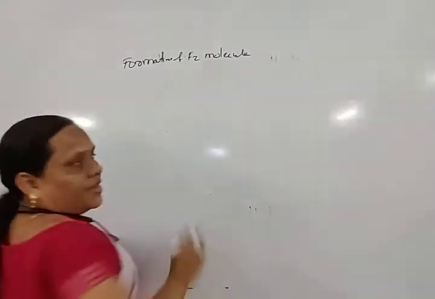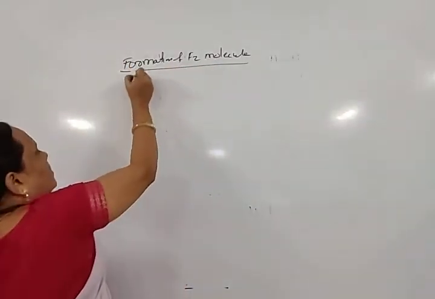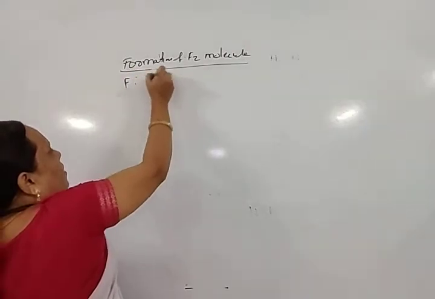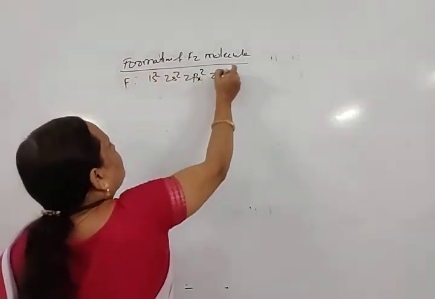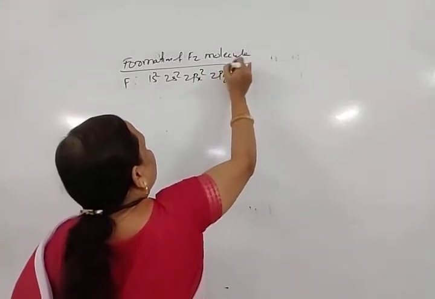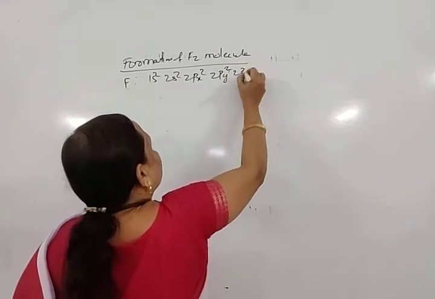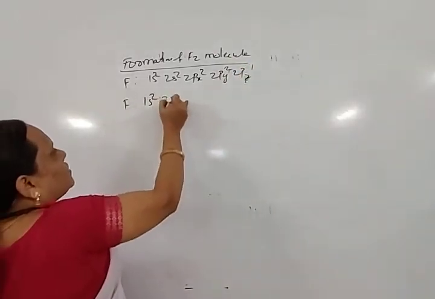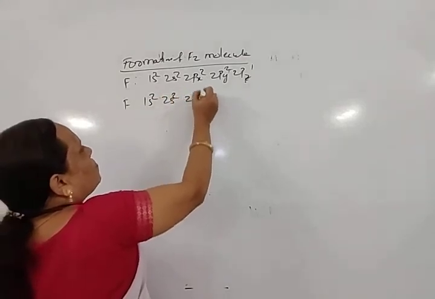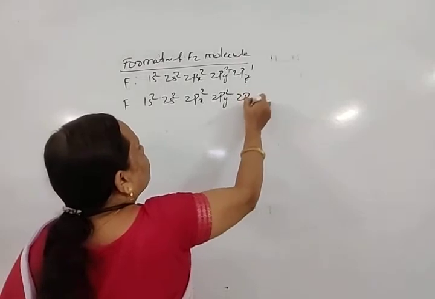In the same way for chlorine. Fluorine has electronic configuration 1s2, 2s2, 2px2, 2py2, 2pz1. Another fluorine also has 1s2, 2s2, 2px2, 2py2, 2pz1.